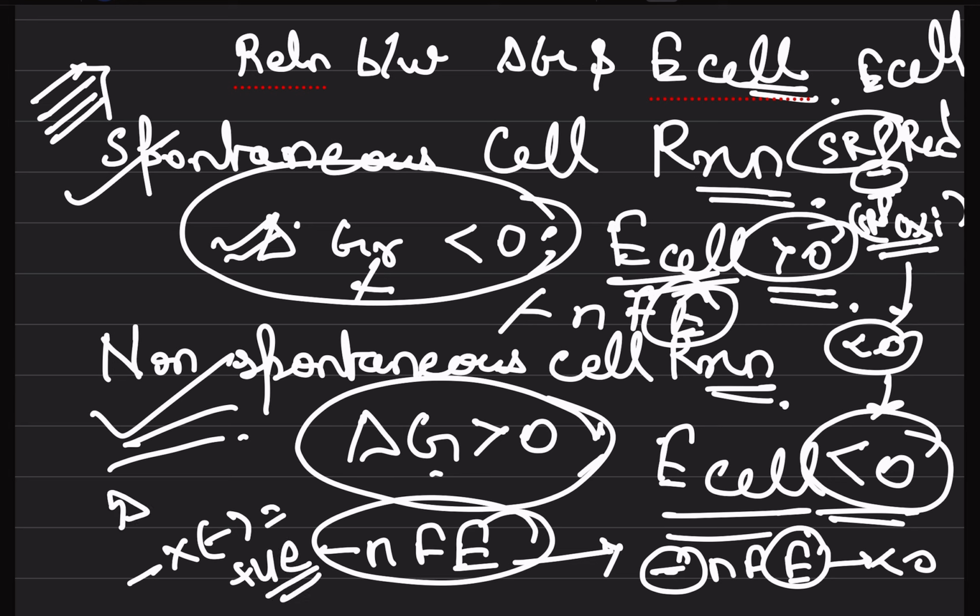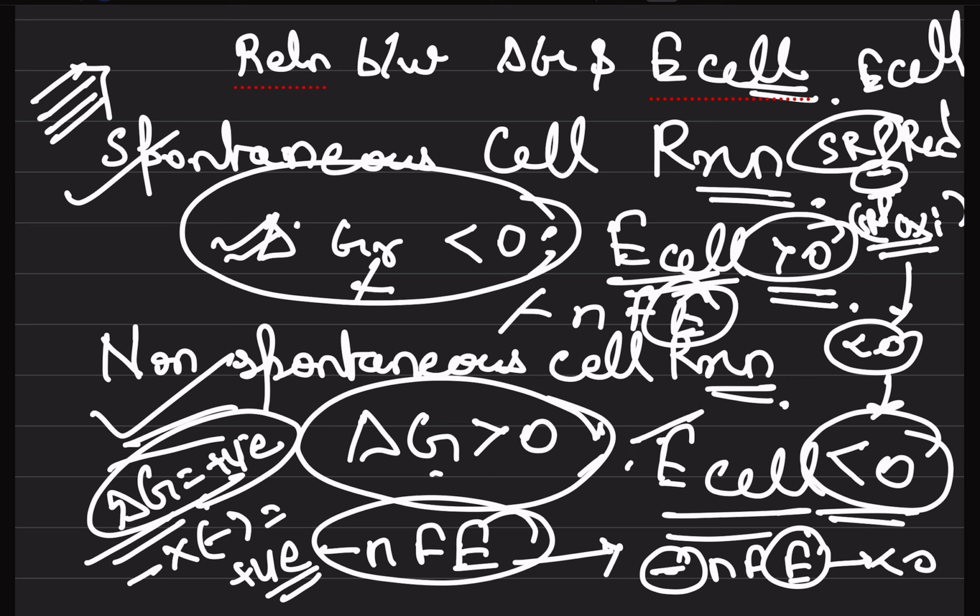So delta G will be positive if E cell is negative, for that reaction which is non-spontaneous. Okay, thank you.